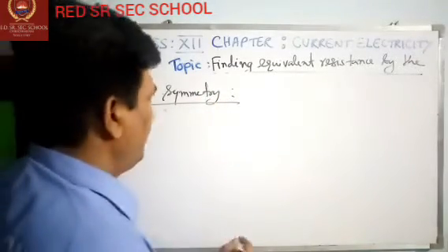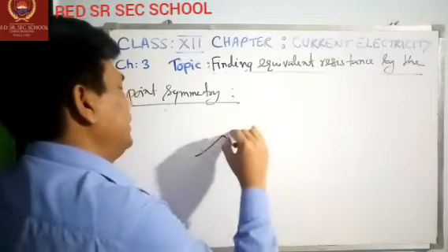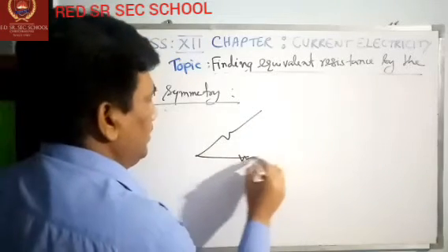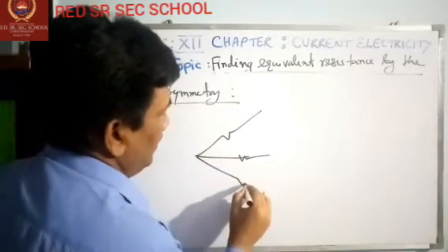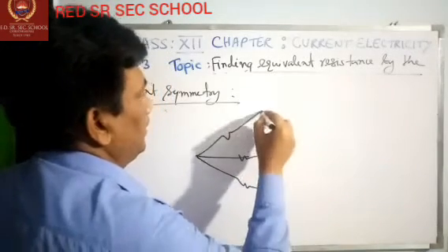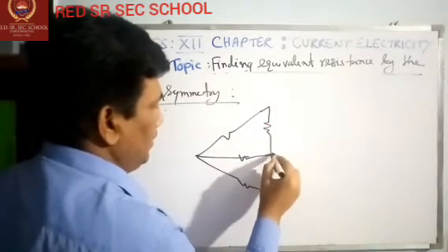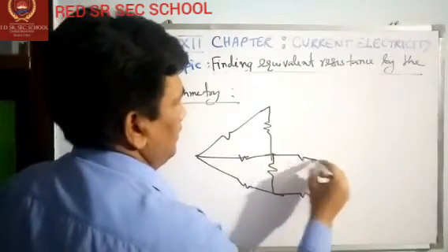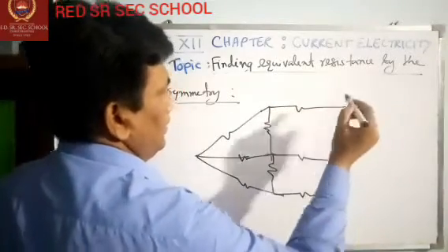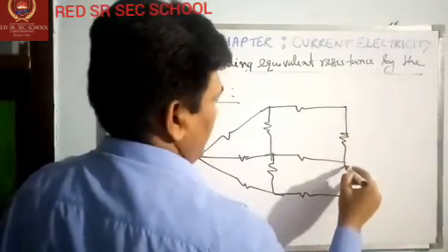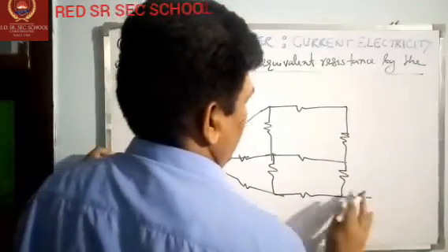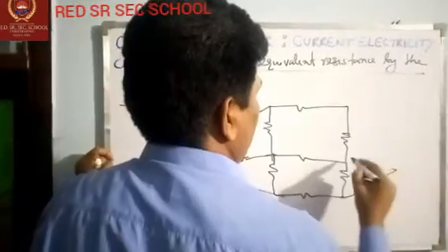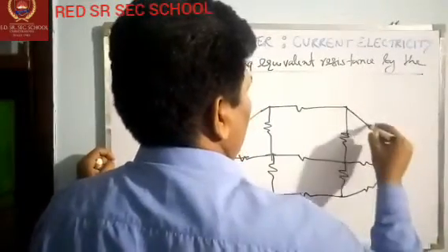Say I have a figure like this, another resistance, this, okay, and this, okay, this, okay, like that. I'm just drawing all these things.